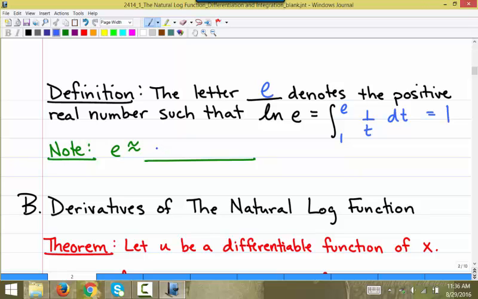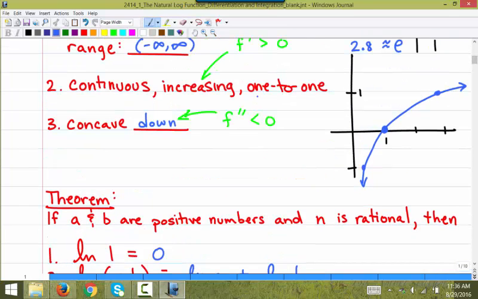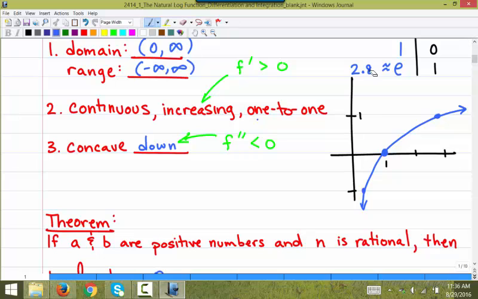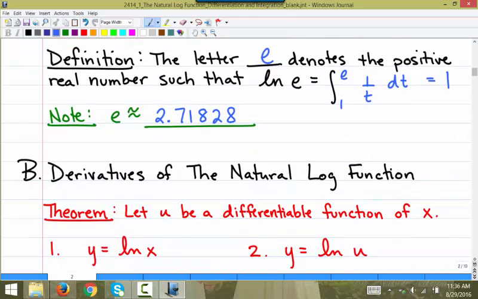It's approximately equal to 2.71828. Oops. So back here, I should have put 2.7 right there. .71828.